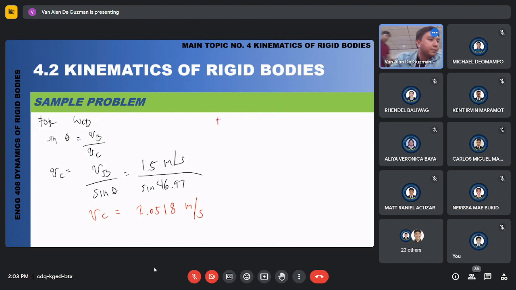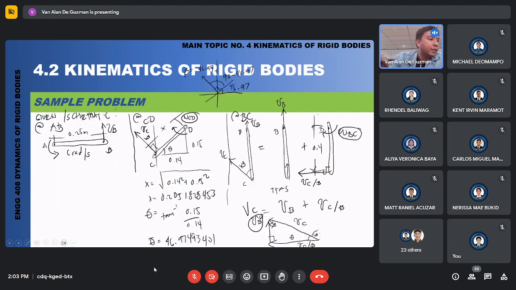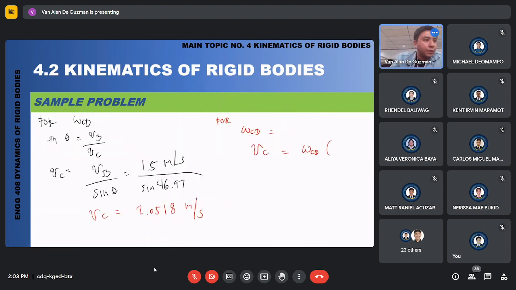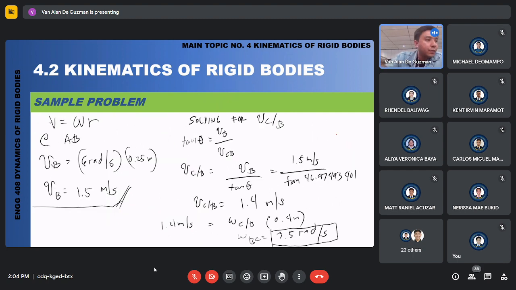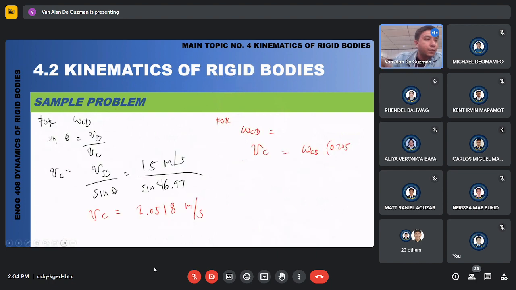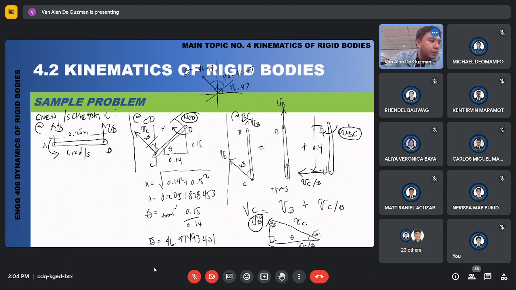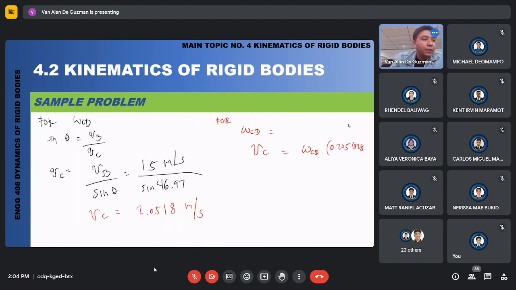So for angular velocity ng ating CD, that is equal to, so VC is equal to angular velocity CD times yung ating value na yun, 2.05.